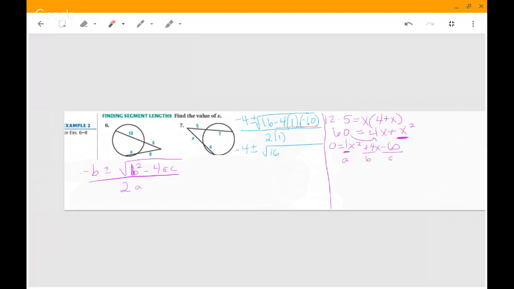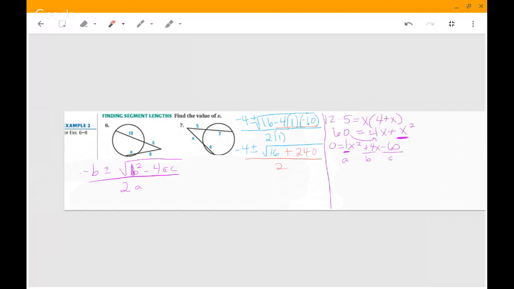And it's positive, so we're going to put plus 240, because that -4 and the -60, negative and negative makes positive. Are you okay with the red part, where that came from? Yes. Okay. Over 2, because it's just 2 times 1.